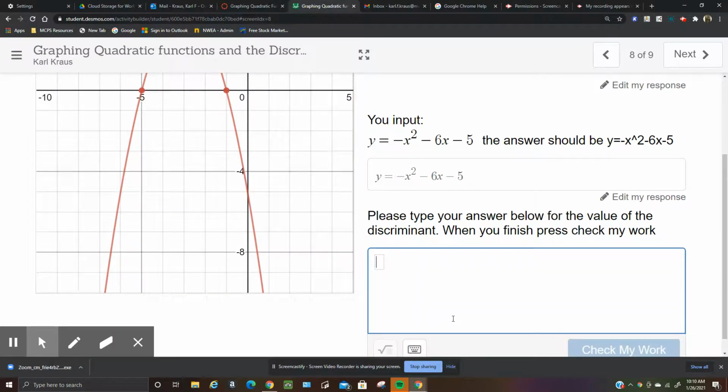The discriminant, negative 6 squared minus 4 times negative 1 times negative 5.